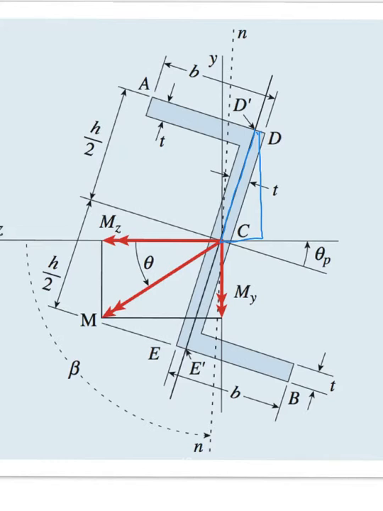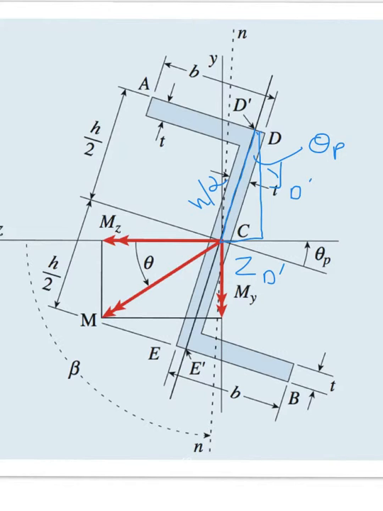This is straightforward. The reason I say so is because this will immediately be our y coordinate, and this will be our z coordinate of D prime. And we know what this is here is basically h over 2, and we also know that this angle here is theta p.